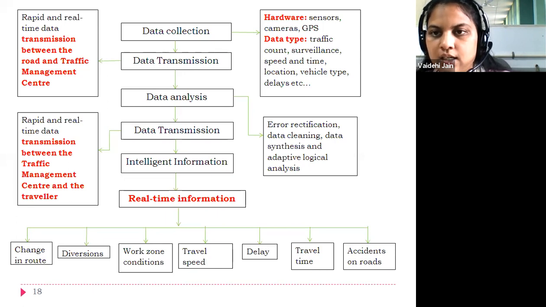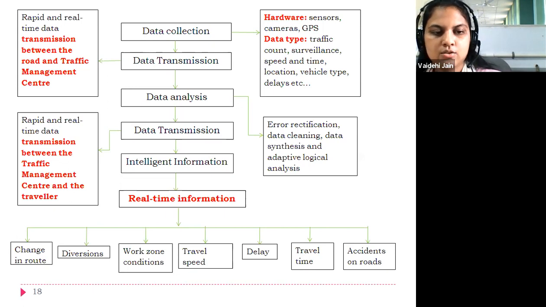That data is very haphazard. Then it is sent to the management center. The management center analyzes the data, rectifies all the errors, and provides you the real-time data that you want, whether the congestion, the appropriate route, or the time that will be taken for going on that route. All this data is provided by the traffic management center to the traveler.